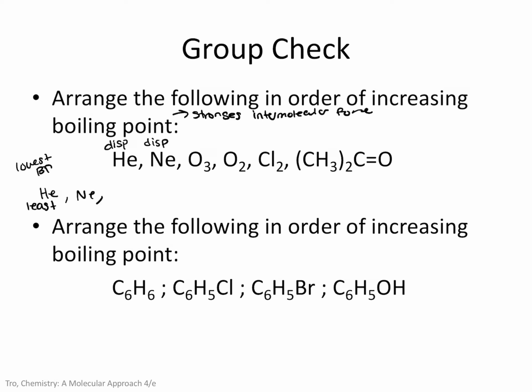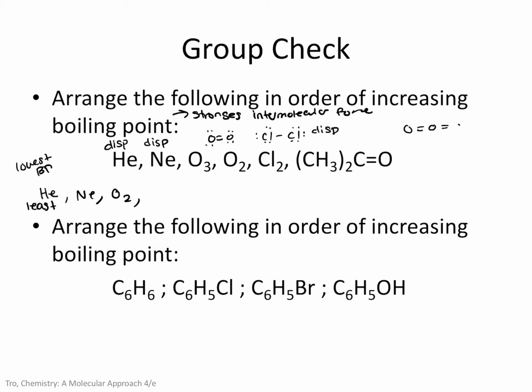Then I look at O3, O2, and Cl2. Well, chlorine to chlorine is nonpolar, so it just has dispersion, and chlorine is around 70 grams. Okay, well, oxygen and oxygen. Oxygen is also nonpolar, and it is around 32. So then I would have O2.